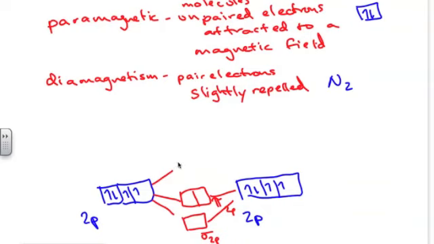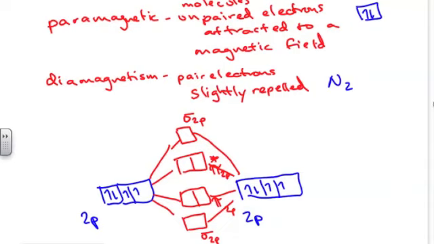We look at the opposite of the pi 2p, the anti-bonding one, and the sigma 2p. So let's start placing electrons. 1 electron from each, paired up. So this is filled, so we have to move on.